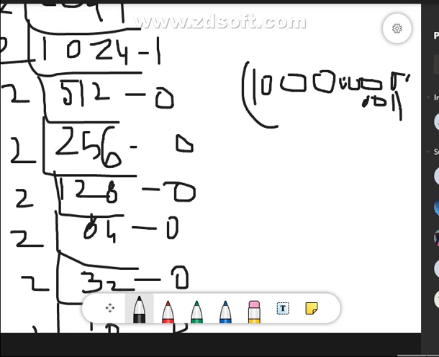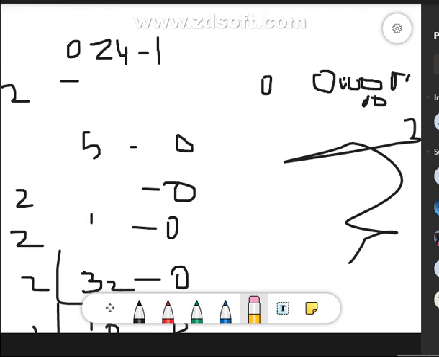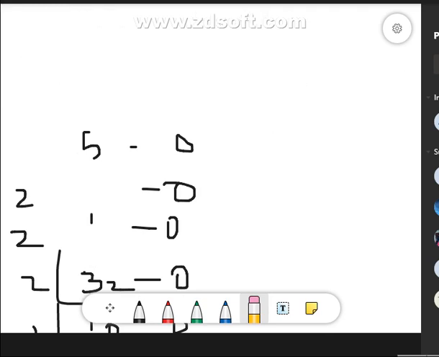This is the conversion of the decimal number into the binary number. This is how we are going to convert the decimal number into the binary number. This is one example to convert the decimal number into the binary number.